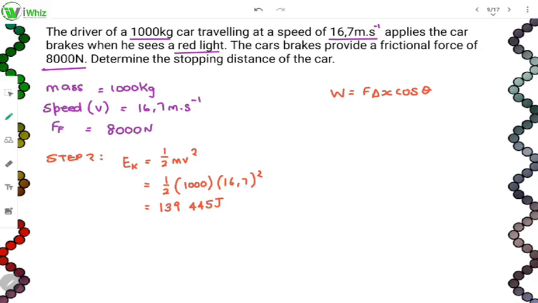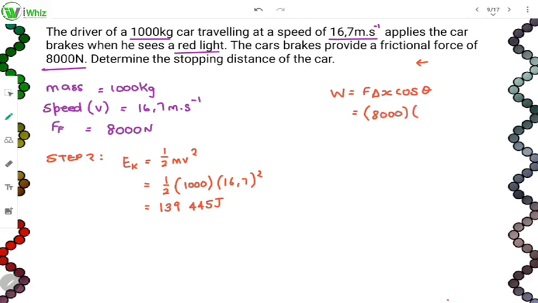We are assuming that at the stopping distance, the change in the distance is 0. Since the direction of the applied force and the displacement is in opposite direction, friction works in the opposite direction, we can then calculate this. Force is equal to 8,000 newtons.